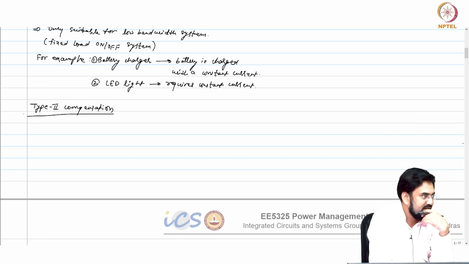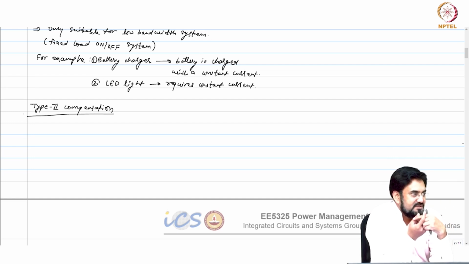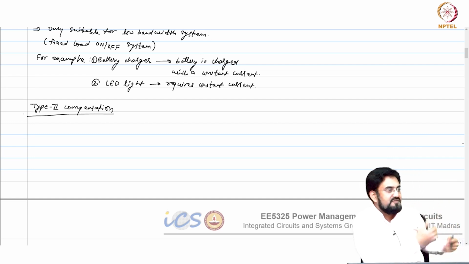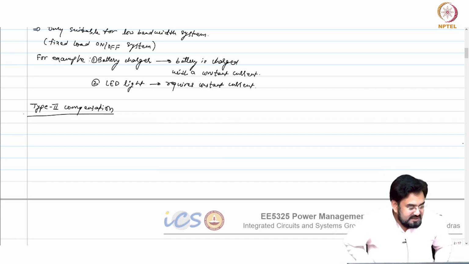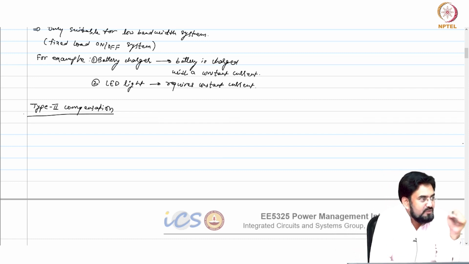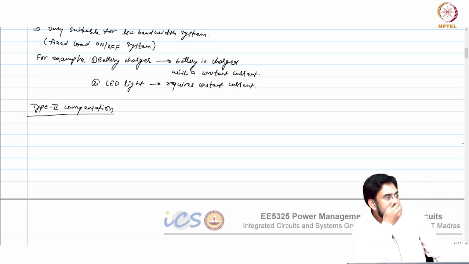So, charge pump is required, but if you do not have a charge pump, then what do you do? You close the loop directly from the VCO output, then it becomes type 1, correct, which means if you close the loop without your charge pump, then you are not comparing the phases, you are only locking the frequency. So, phase is free to go anywhere and it becomes type 1. So, that is the difference between type 1 and type 2. If you have 2 integrators in the loop, nothing else, how many zeros do you require? 1 zero.